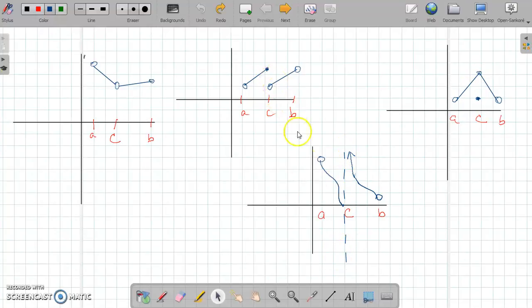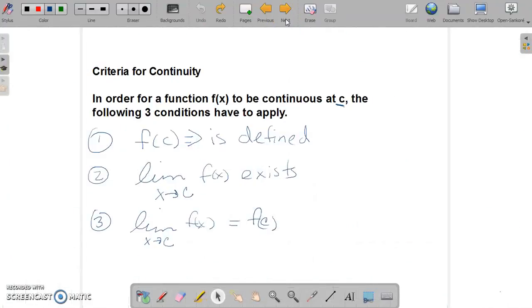So just like this one, the limit does not exist, so you cannot be continuous at c. The limit has to exist, there has to be a value at c, and that limit has to equal that value at c. If those three things are not true, then you do not have continuity at that point.